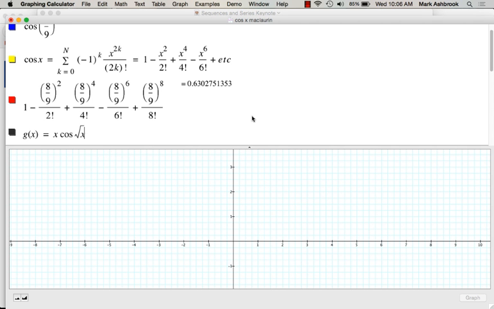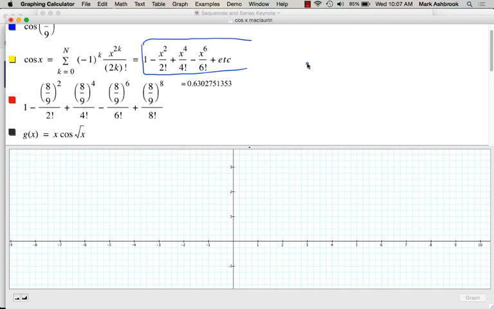Suppose we want a version of that function that's easier to work with. Well, we can use the Maclaurin series for cosine x to do that. If cosine x is this power series, or this polynomial, then what would x cosine radical x be? We can write x cosine radical x very quickly now as a power series.